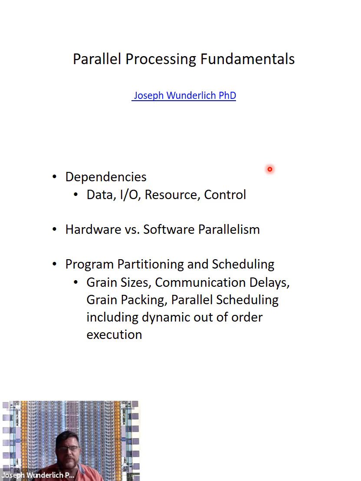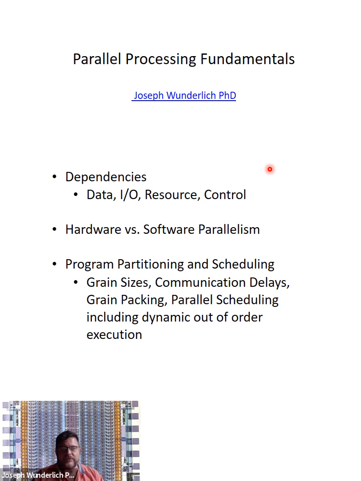And then interprocessor communications are always a problem, depending if you're SMP, shared memory, symmetric multiprocessing with one memory, or multiple processors, MPP, massively parallel processing, and you've got some static or dynamic interconnect.